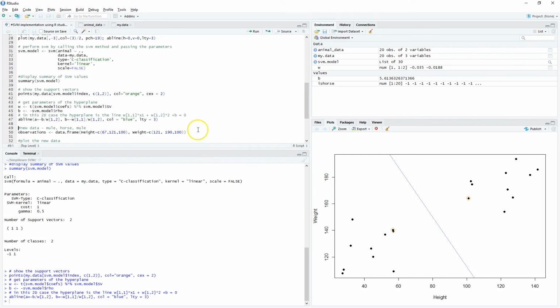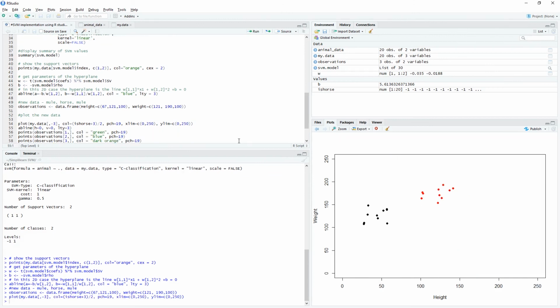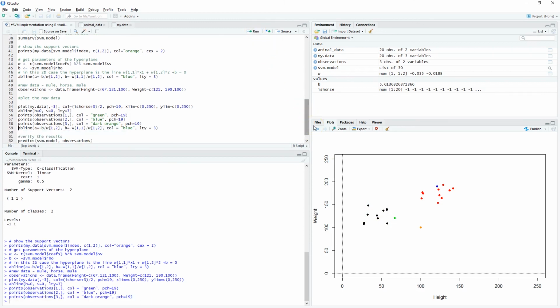Let's take a few new observations, and I've encoded these so that it would be illustrative. We'll take these new observations and plot them. I'm going to generate a new plot, red being the horses, black dots being the mules. I'll create an X and Y axis. I'm going to plot 3 dots, and you can see one of them, the green dot, the first one, kind of falls near the mules.